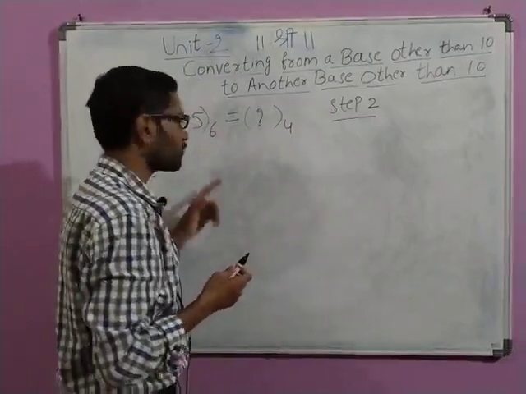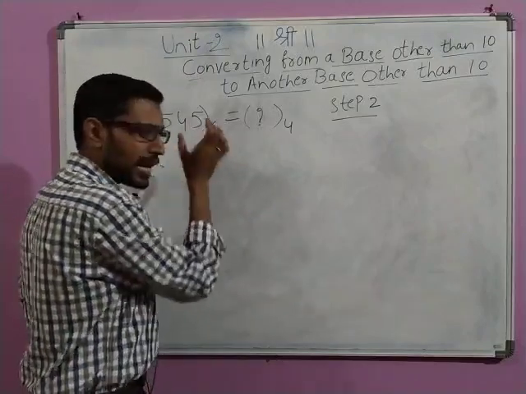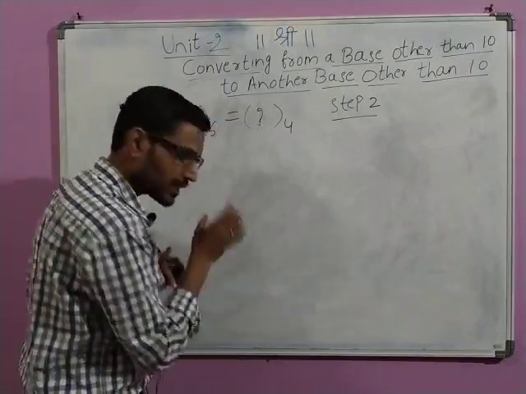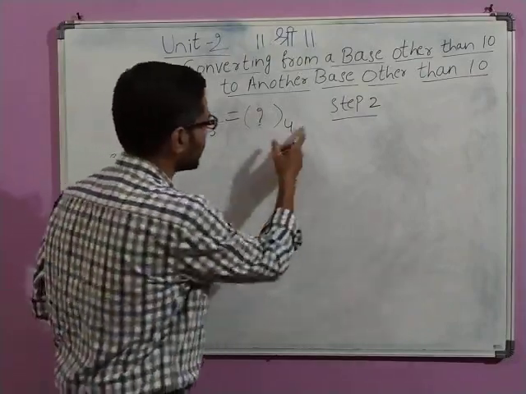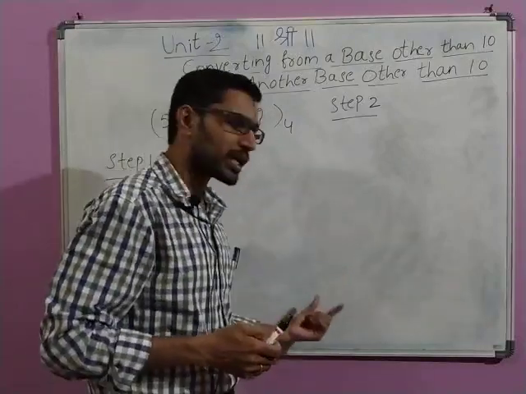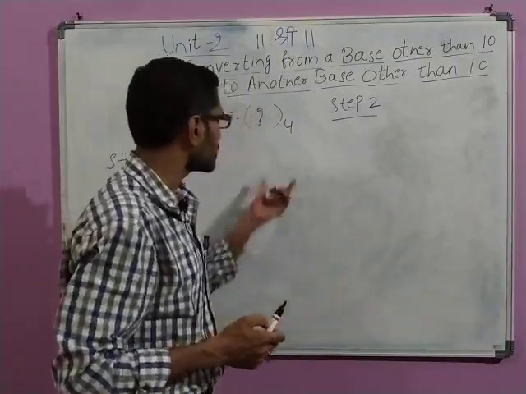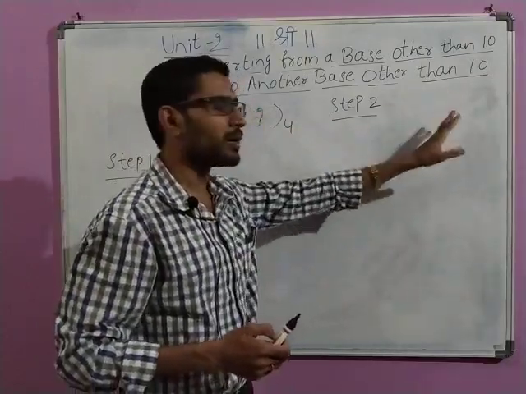So step 1 says: take the original number, convert it to decimal base, and then take that decimal number and convert it to the required base. We also know that we can convert a number from decimal to another base by using the divide and remainder technique.